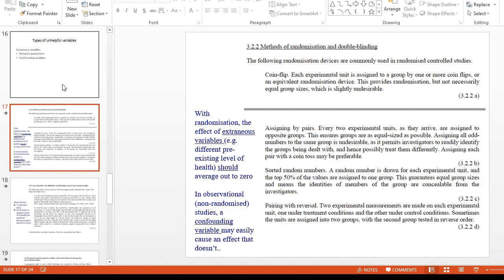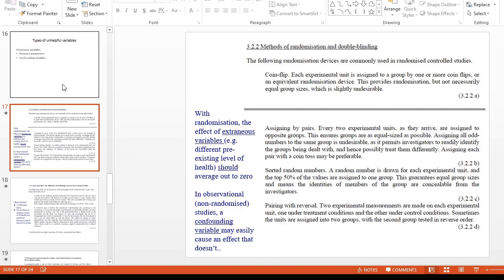A much better method, 3.2.2c, sorted random numbers. For each experimental unit, get the computer to draw a random number and assign the top 50% of the values to one group and the other 50% of values to the other group.